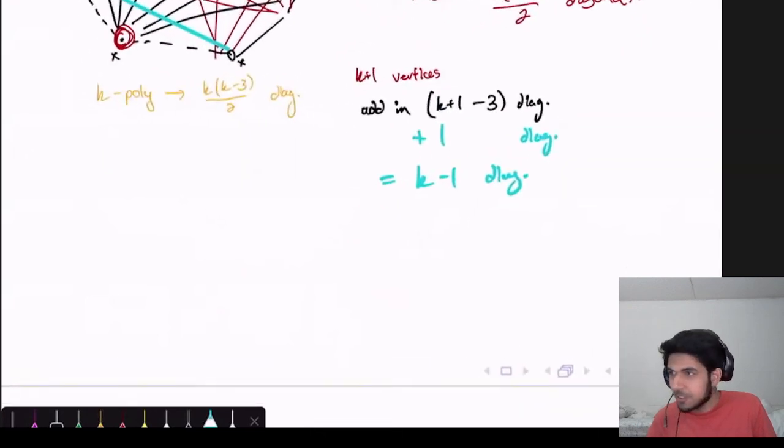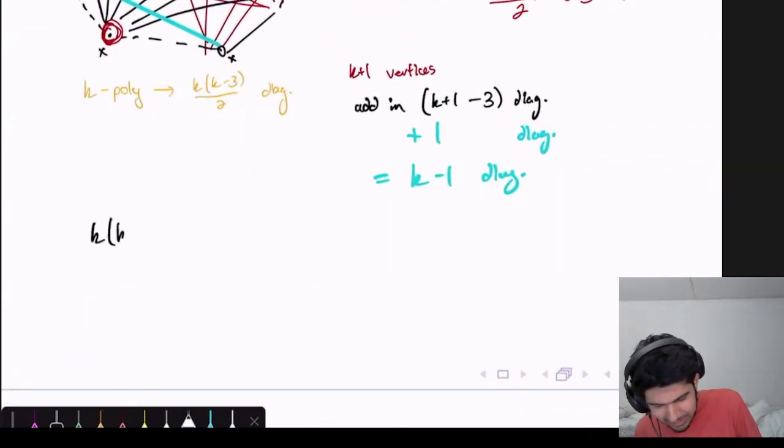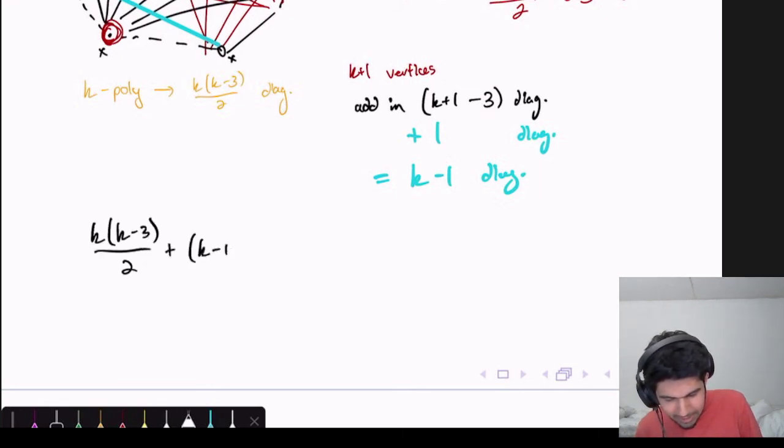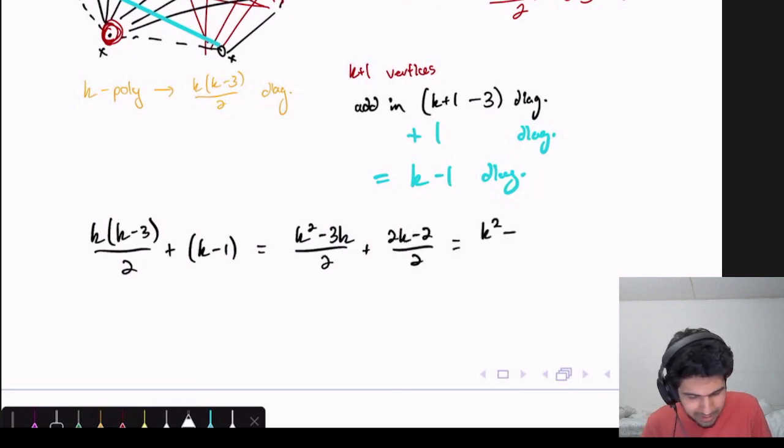And then hopefully, if I did everything correctly, we'll see that k times k minus 3 divided by 2 plus k minus 1, let's see, does this make sense? k squared minus 3k over 2 plus 2k minus 2 over 2. That's equal to k squared minus k minus 2 over 2.